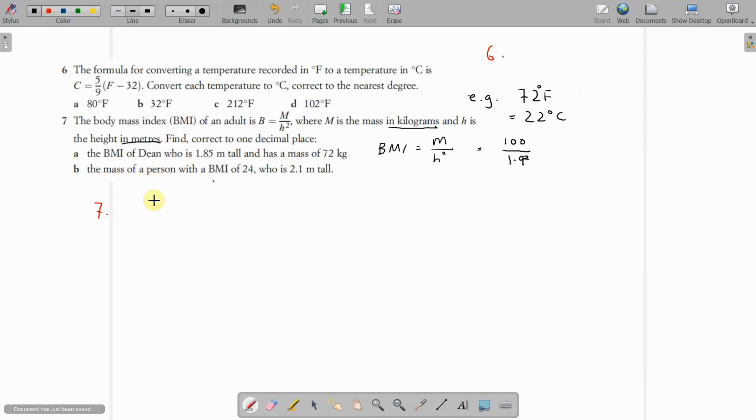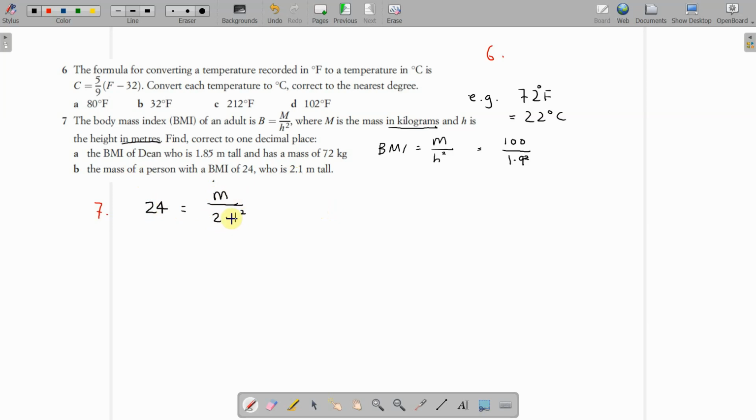The mass of a person with a BMI of 24 who is 2.1 meters tall. Right, so a bit of rearranging. So BMI 24 equals, well, we're looking for the mass, so the top, we don't know what that is. Bottom is 2.1 squared.